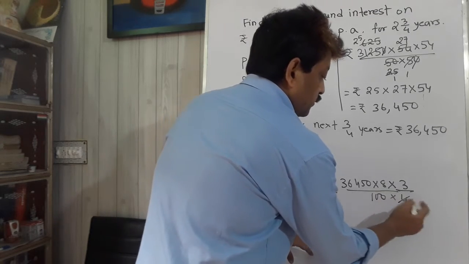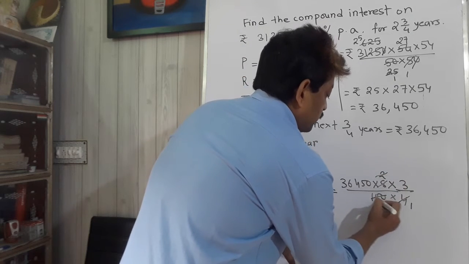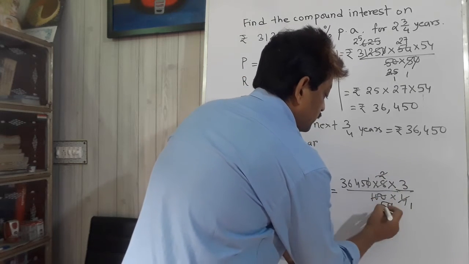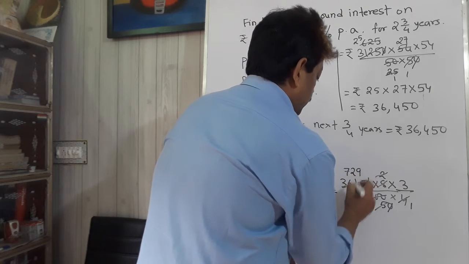So 4 into 4 is 1, 4 into 8 is 2, 2 into 100 is 50, 0 0 cancelled, 729.